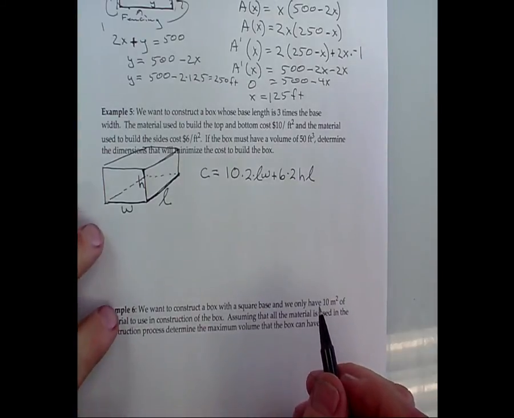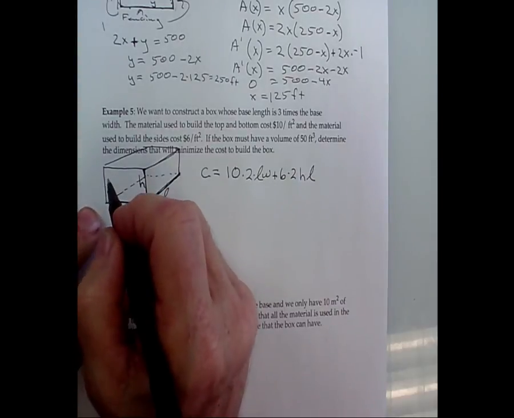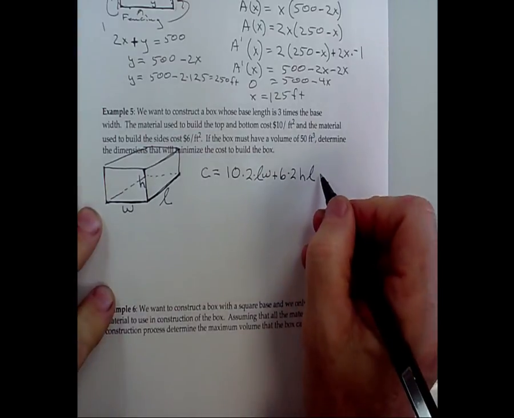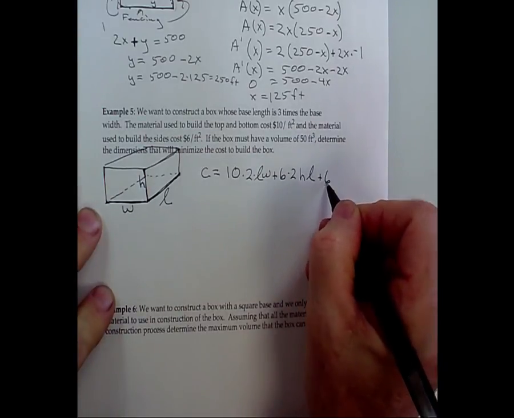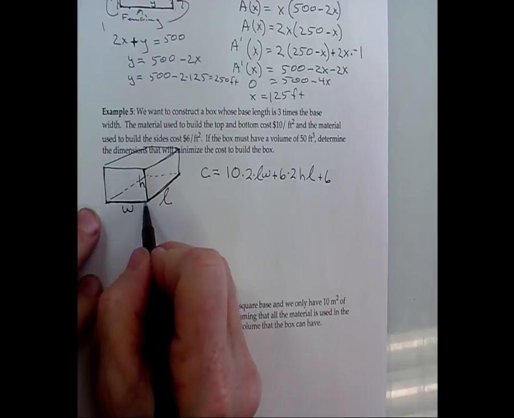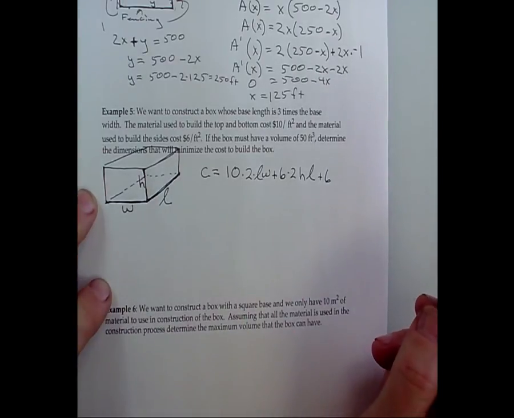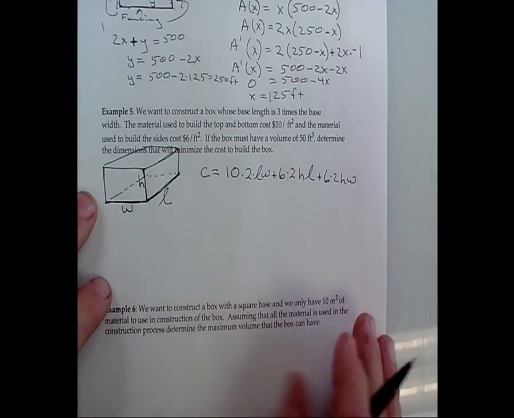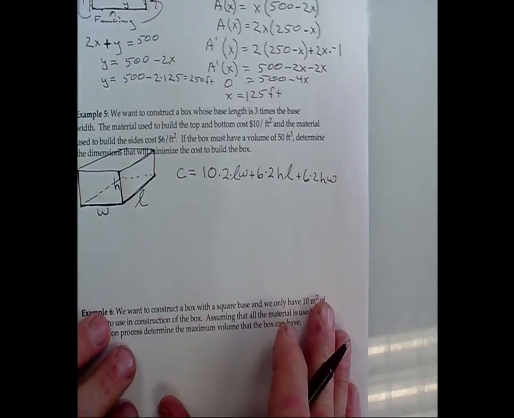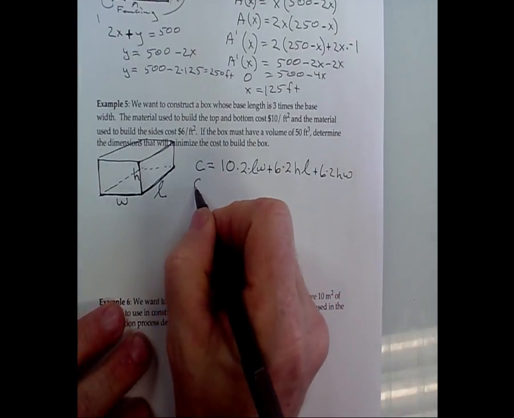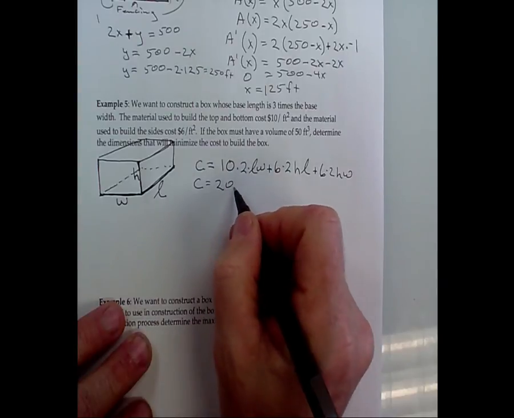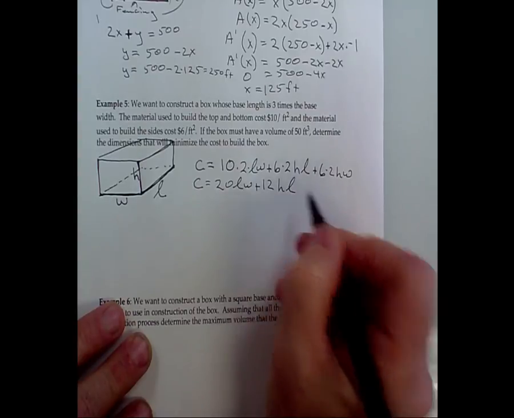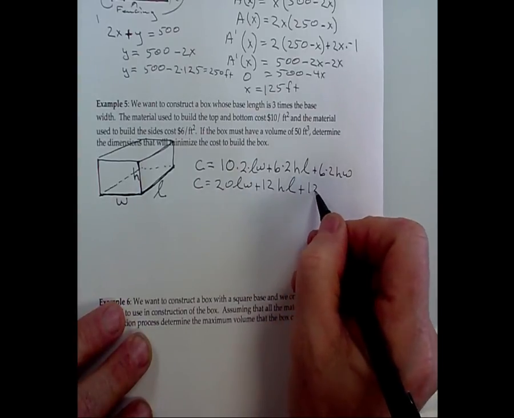Now, I have another side, Alexis. I have the front. It's also going to be 6, correct? Yes. And how would I compute its square footage? 2 height times width. All right. It is messy. Ugly, ugly, ugly messy. So I'm going to see if I can make it better. I got 20 LW, I have 12 HL, and I have 12 HW.